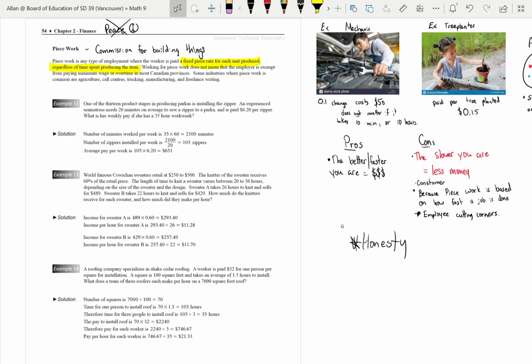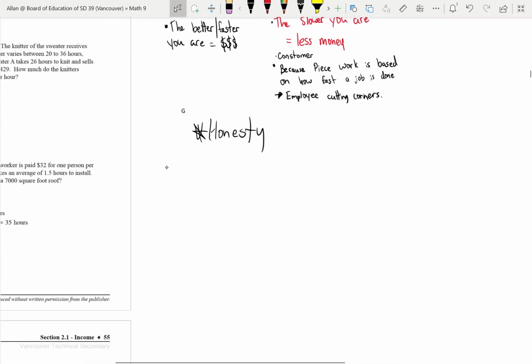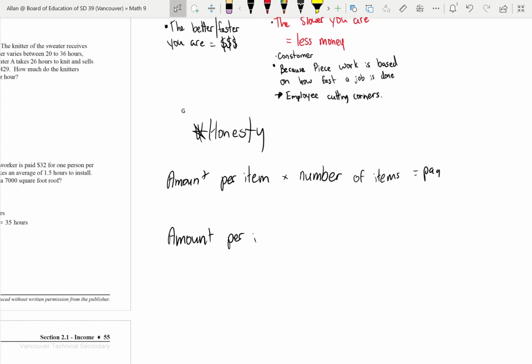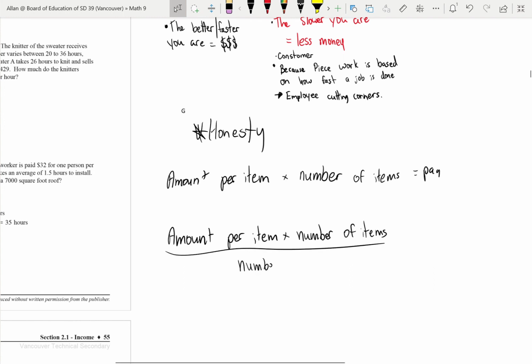And how the equation for this works is amount per item times number of items equals pay. And then the last equation I'll give is amount per item times number of items divided by number of hours equals your hourly pay.